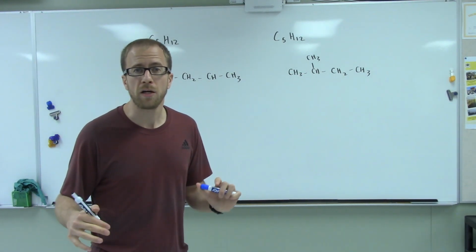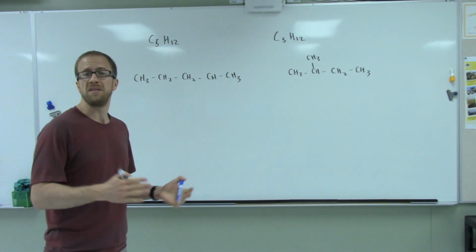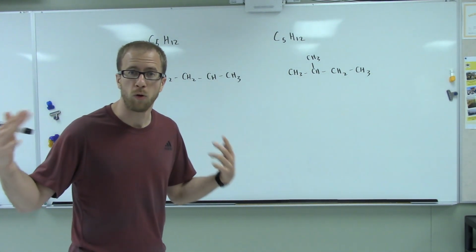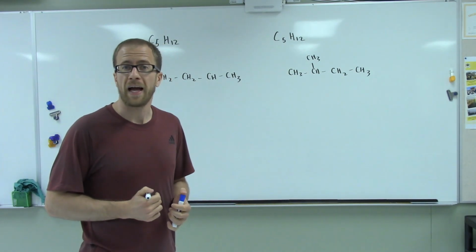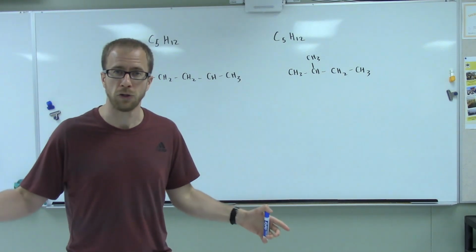Don't get me wrong, they're not going to be too dissimilar because they are very similar in many regards in terms of their polarity. They're non-polar, they have the same molecular weight, so the characteristics aren't going to be too divergent.